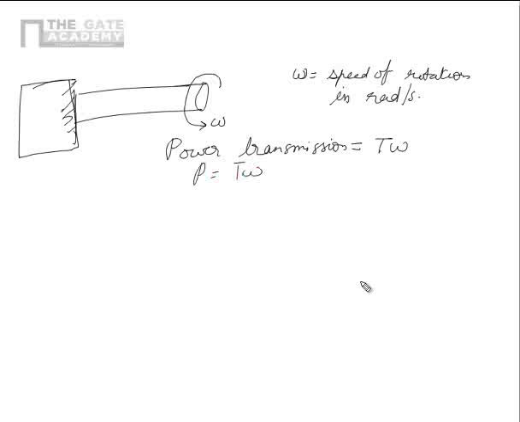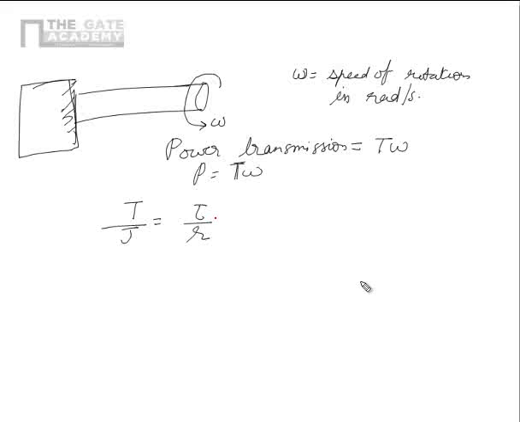Now, obviously, if we are given P, then we can find out what is the torque in that. So if I use the same formula, T by J is equal to tau upon R, to figure out what is the particular amount of stress in the bar which is transmitting power P at omega rotational speed.